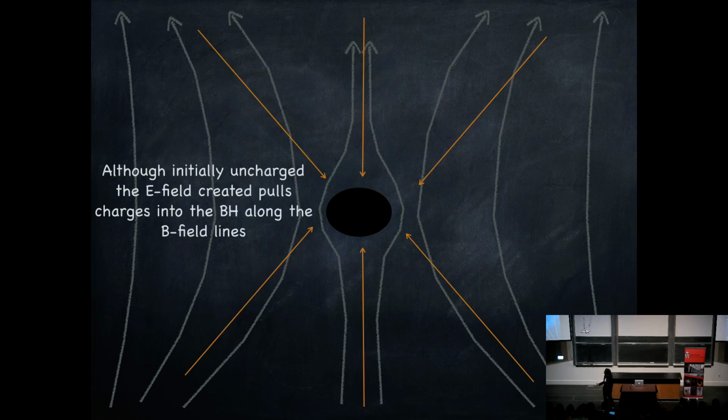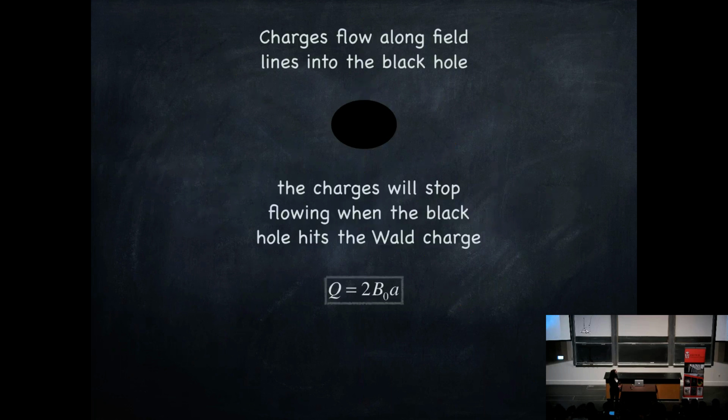So you can calculate exactly what that charge is, and again, we do it more relativistically, but the value that Wald found, which is the maximum value of the charge, is twice the magnetic field of the external magnetic field times the spin of the black hole.